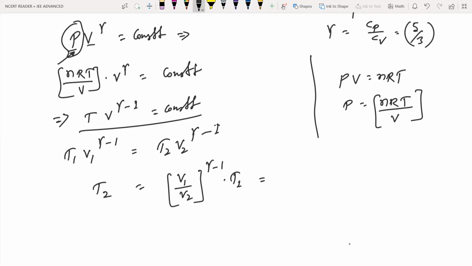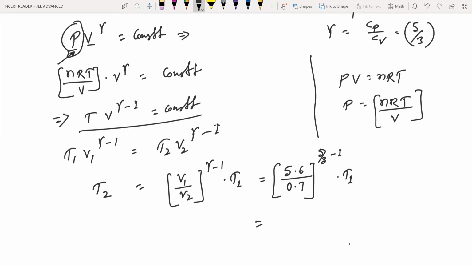Here V1 is the first volume, which is 5.6 liter, and V2 is the second volume, which is 0.7 liter. The gamma value for helium is 5 by 3, minus 1, and T1 is the initial temperature.